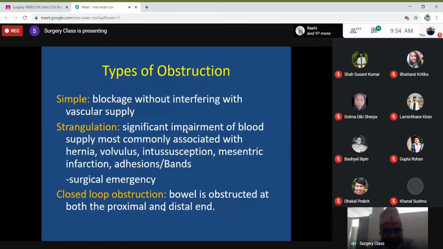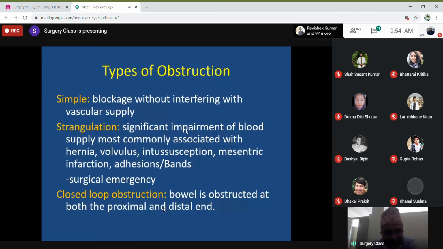Strangulation means there is significant impairment of blood supply, usually associated with external compression by hernias or volvulus, intussusception, whatever. Sometimes because of mesenteric involvement. In fact, even bands and adhesions sometimes cause vascular compromise. In that situation, you cannot wait. You have to immediately take the patient to theater.